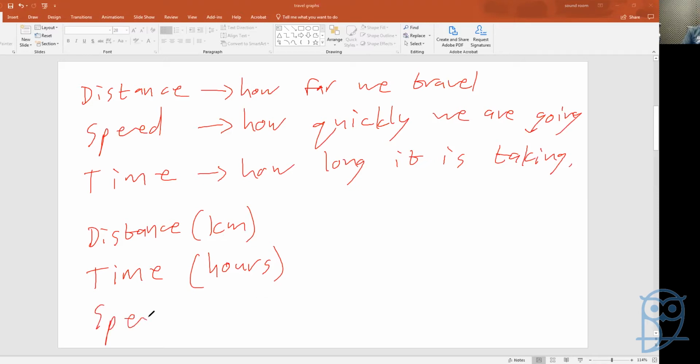When we come to speed, speed is going to be kilometers per hour. It could be meters per second as well. That's up to you depending on the unit. However, since this is kilometers and this is hours, our speed is how many kilometers are we going to travel per hour.